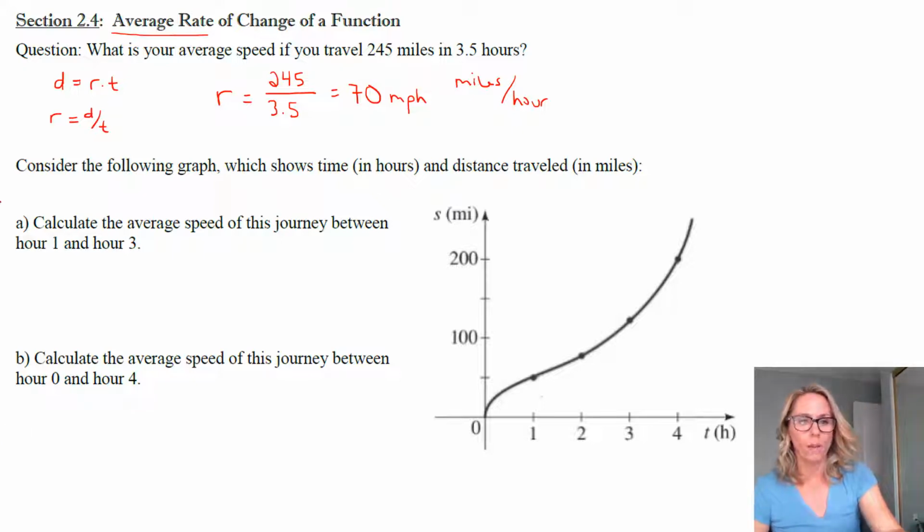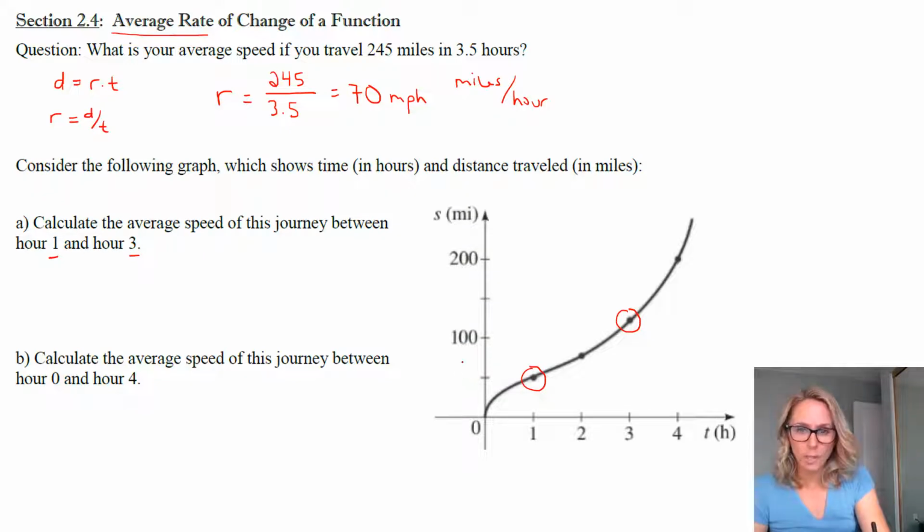So if we think about the average speed of the journey between hour 1 and hour 3, all we're being asked to do is think about this value here and this value here. So we might need to do a little bit of estimating on this, and that is okay, but let's take a look and see what we can come up with.